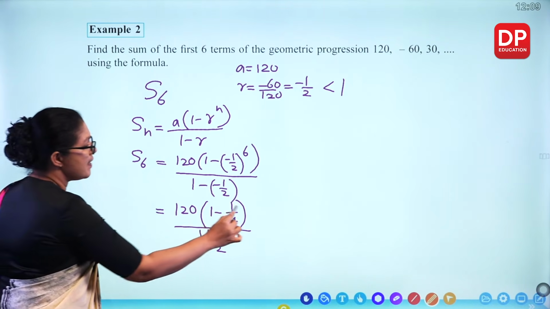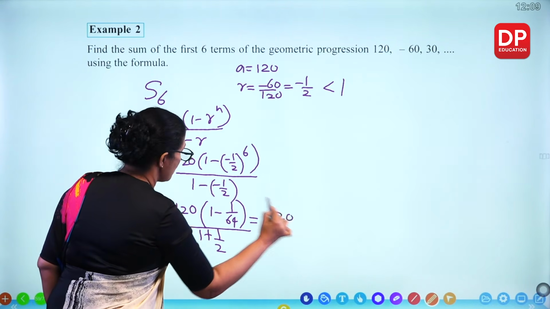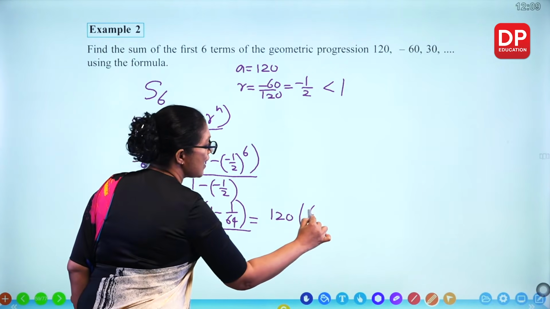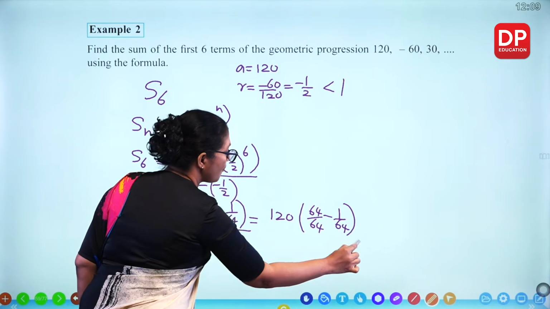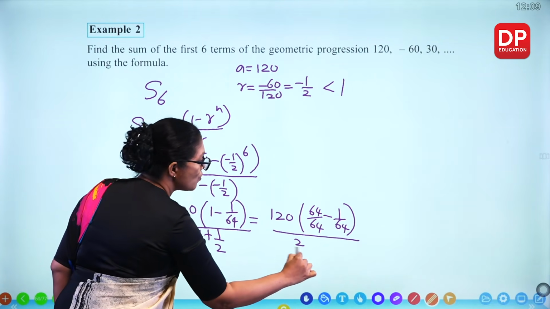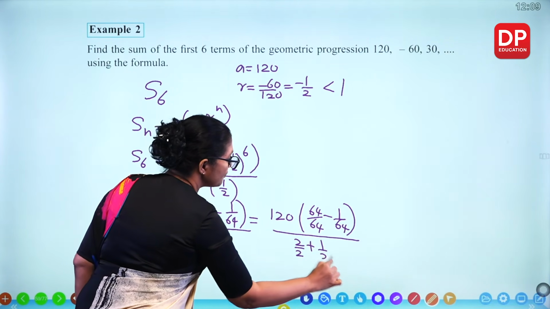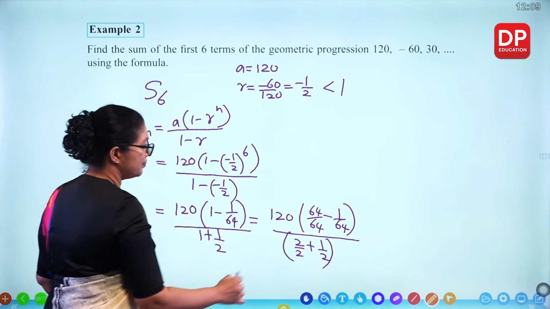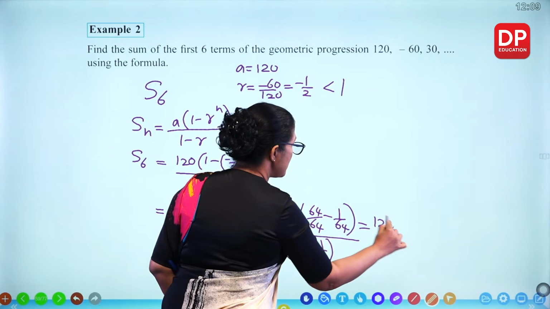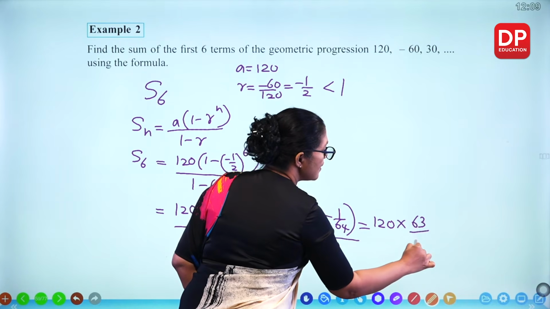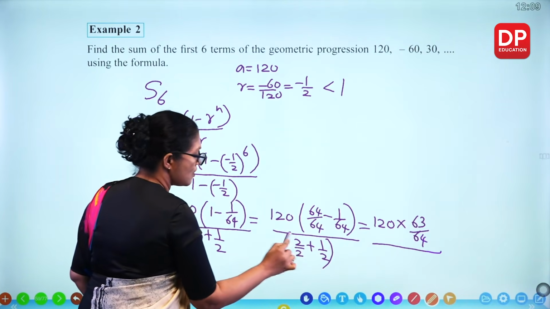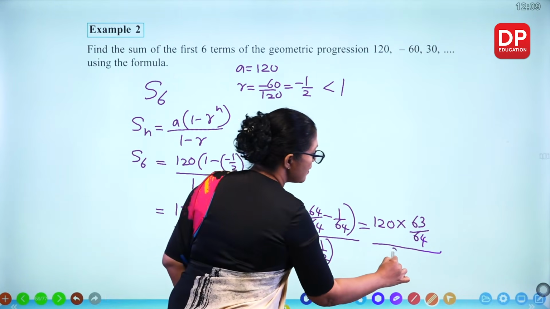Or I can rewrite this as 120, and 1 I can write as 64 over 64, and 1 I can write as 2 over 2. Then when you simplify, 120, 64 minus 1 is 63. This one, 2 plus 1 is 3.